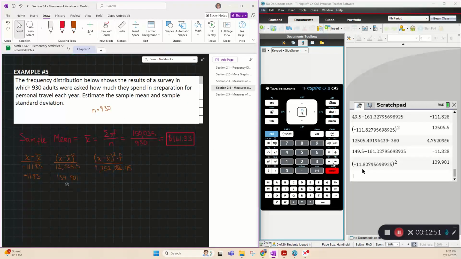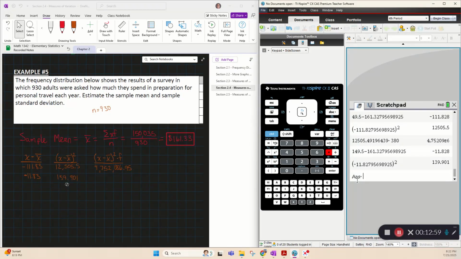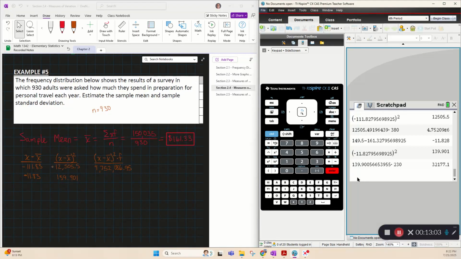And then I times it by the frequency. So times that frequency, without me having to do a bunch of scrolling, is 230. It's going to be 32,177.1.